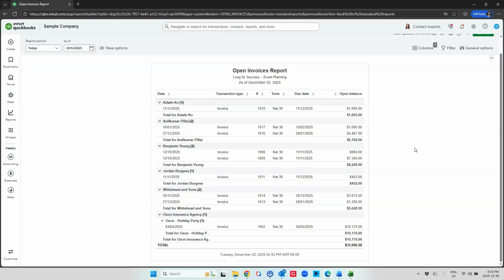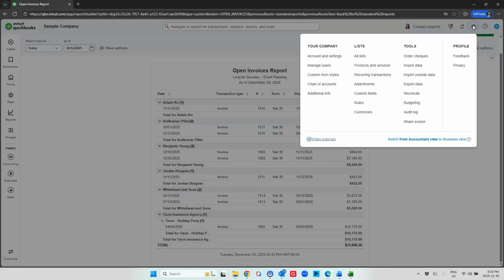If you haven't, fix it, find out what's happened, and if you have, then investigate, fix it, record this properly. Because, for example, this $10,000, if you recorded it directly as income without paying the invoice, your income is $10,000 overstated, and that's tax on $10,000 that you shouldn't be paying. So next we're going to pop to the reconciliation.